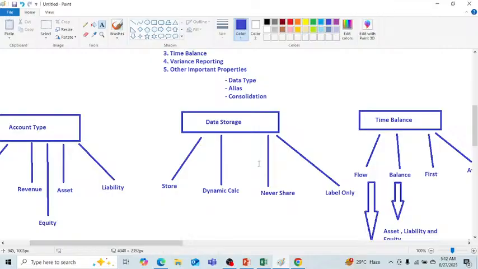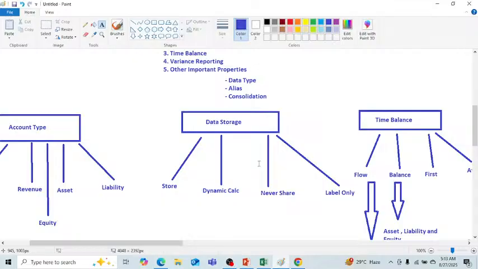However, consider a profit percentage account defined as profit divided by sales. In the first pass, the calculation for profit and sales will be correct at all levels. Like quarter 1 profit equals January profit plus February profit plus March profit.